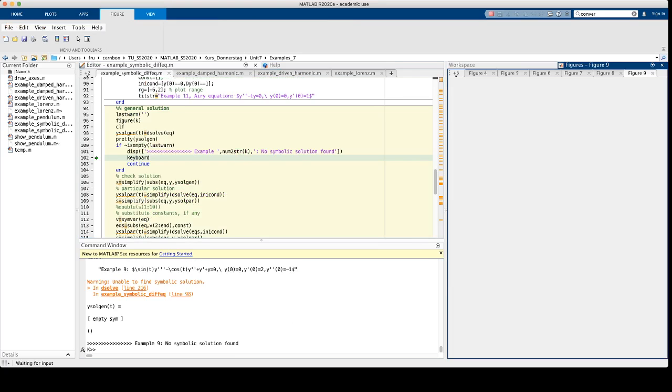Well, this is rather the rule than the exception. You probably know that most ODEs, especially nonlinear ones, do not have explicit solutions in terms of elementary or even higher functions.